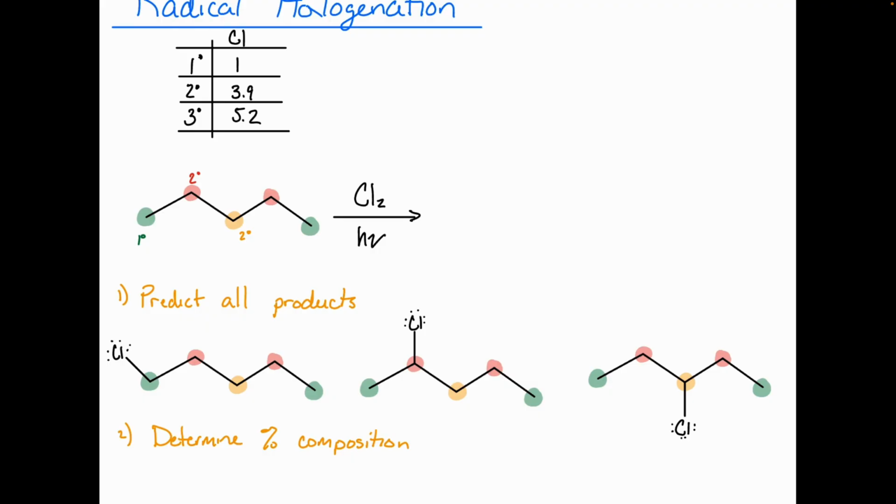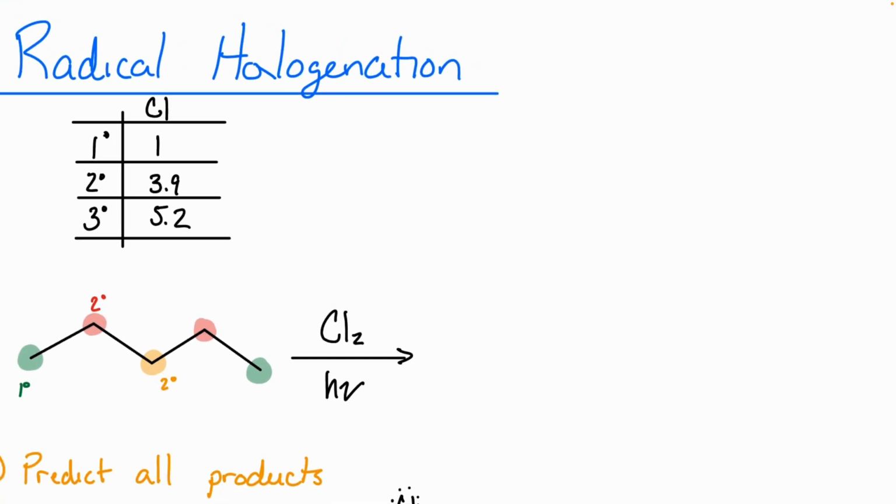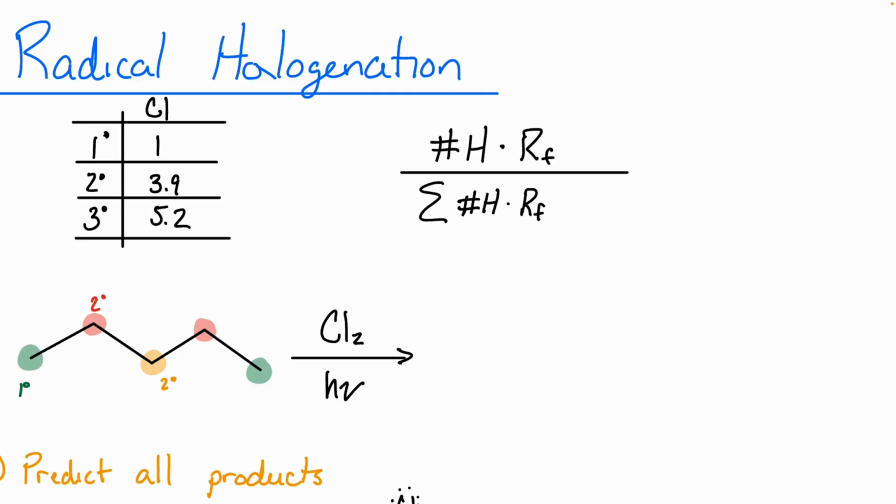All right, cool. So like we said, it depends on our reactivity factor. What's that other component, though, that it depends on? The number of hydrogens. Right? So it's going to be the number of hydrogens multiplied by that reactivity factor, divided by the sum of that same calculation for all of our possible products. And by number of hydrogens, we mean the number of hydrogens that are sitting in these groups in my reactant here.